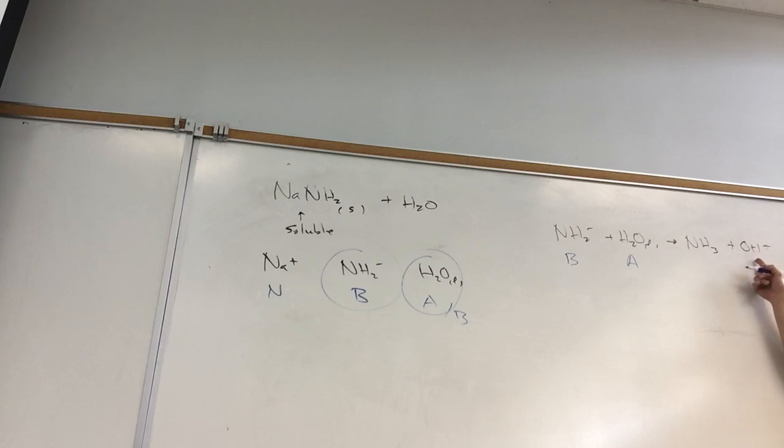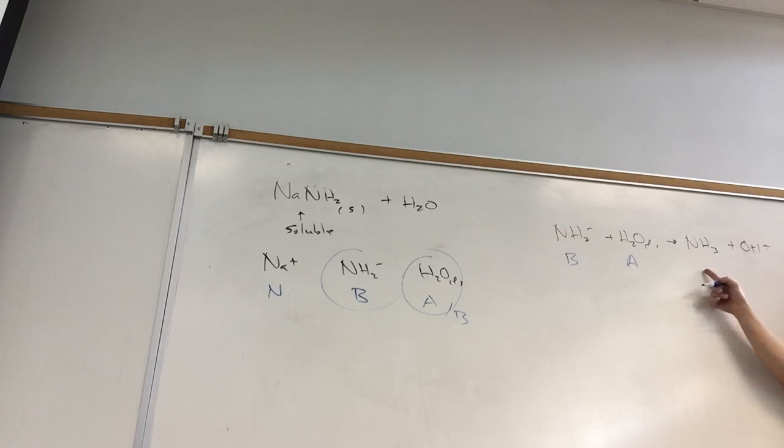Oh, you're right, hydroxide can act as an acid as well, so that means ammonia is the base and hydroxide is the acid? Is that correct? No, we don't worry about that.